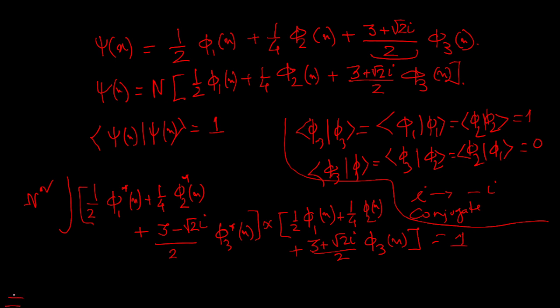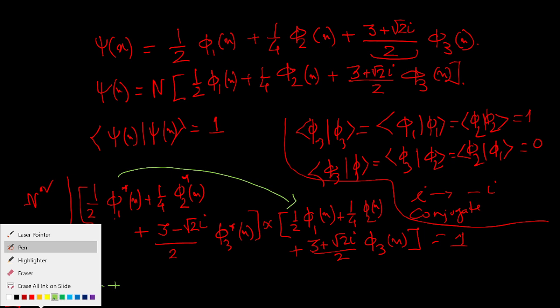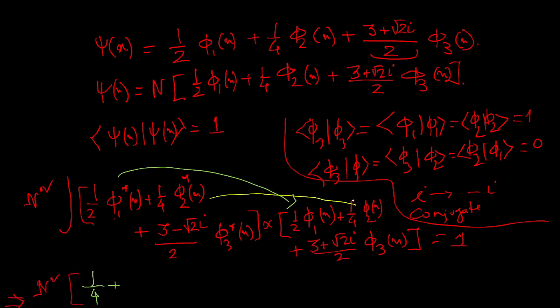Now using this orthonormal property, N square is equal to this term with this term, so 1/4. This term with this term, other cross terms will be 0, 1/16.